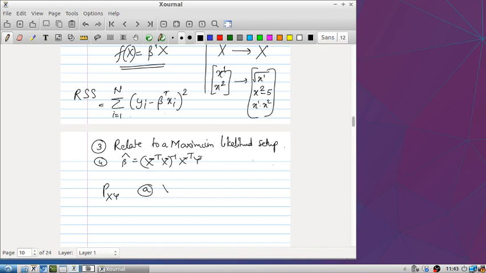First thing is, let's say x is not random, and let's say y is a function of x with some noise, in the sense of with some randomness.